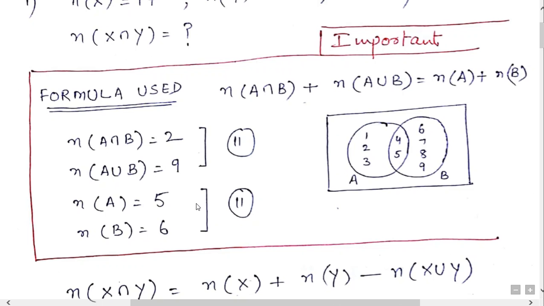If you find the total of the first two terms, it's equal to n(A) plus n(B). This formula is known as the inclusion-exclusion principle, and we have to apply it. Please keep in mind n(A intersection B) plus n(A union B) is equal to n(A) plus n(B).